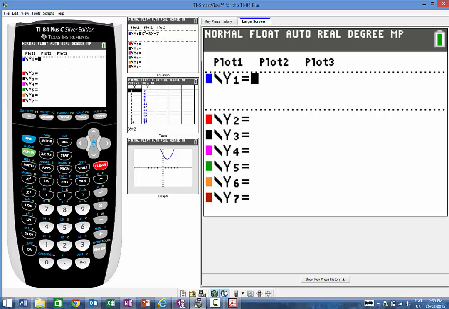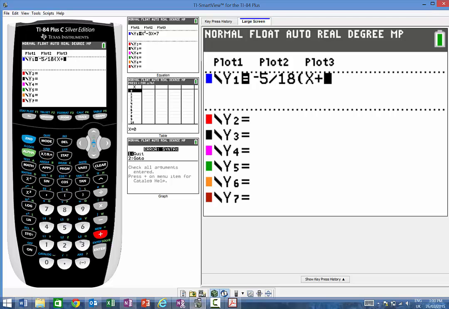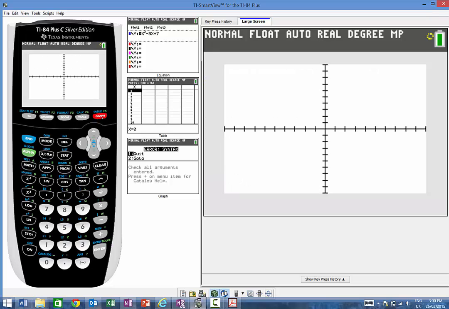Negative 5 divided by 18, and then we'll go bracket, x plus 3, and then x take 6, you have to use that take, and then we graph it. Looking at my function there, it cuts at 3, goes through 5, cuts at 6. That's my function.